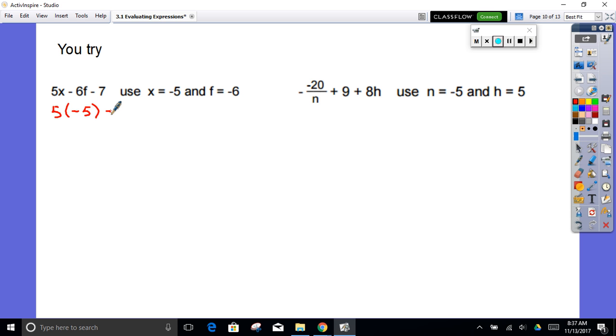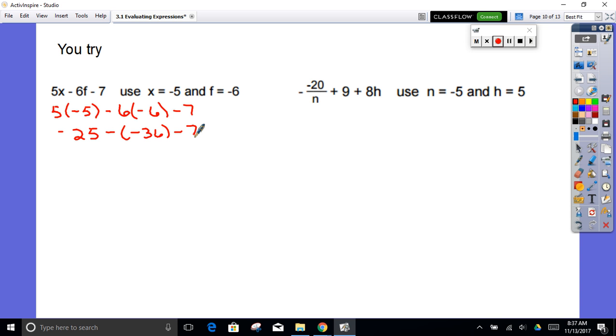Wait a second, let's just write what you substituted first. Don't actually do any of it yet. So you would have done minus 6 times negative 6 minus 7. Okay, then what did you get for your next step? Negative 25 minus negative 36 minus 7.